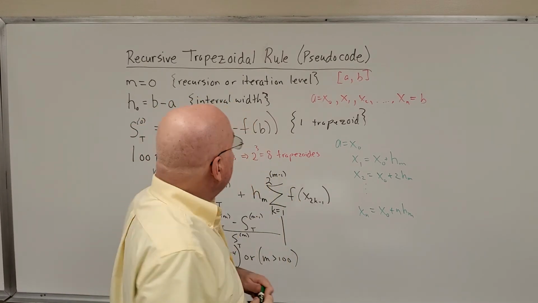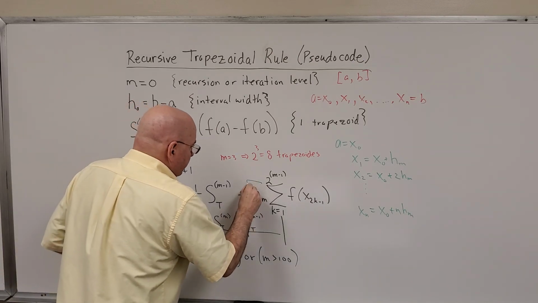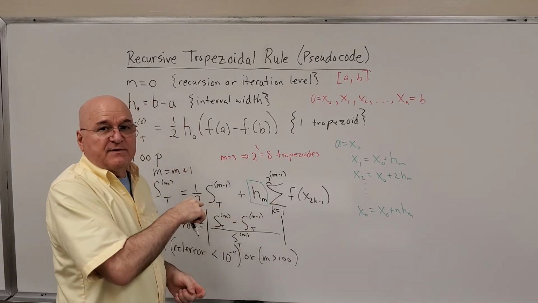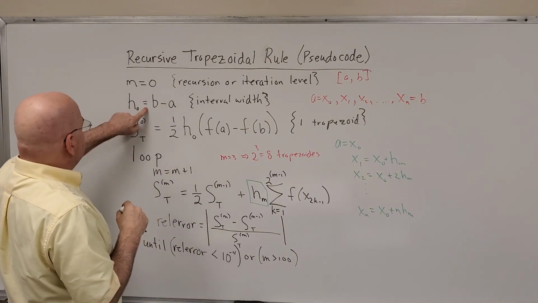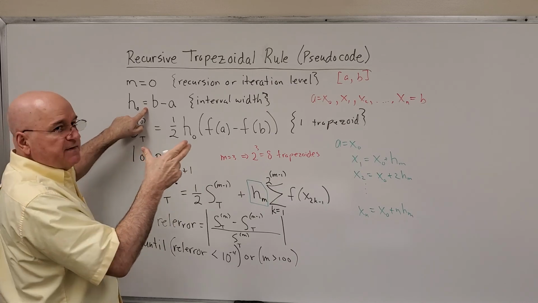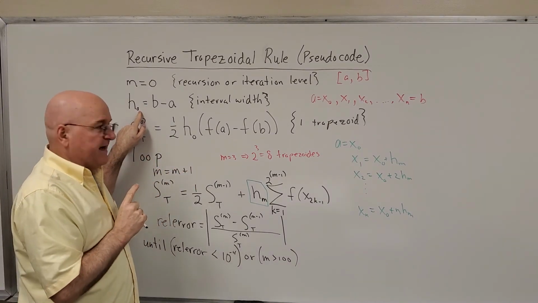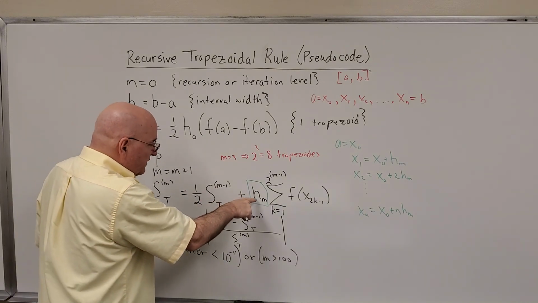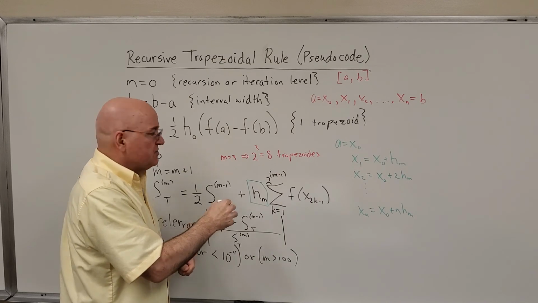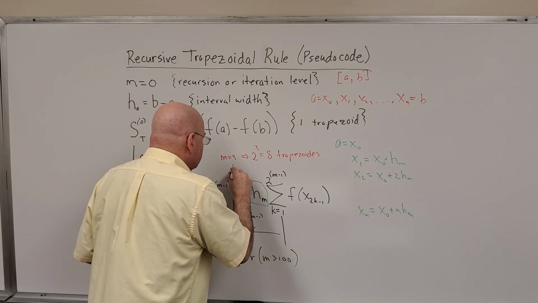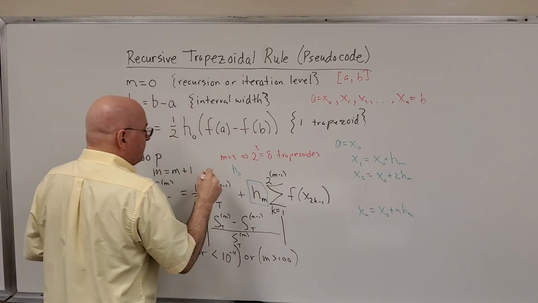And let's see, one more comment. This right here, I didn't define what that is. Well, the first time you come through, hm is the whole width. That's h0. I want h1 to be half of that. So I could simply do this. Forget the h sub m. Just use h. I'll go ahead and use h0 since I wrote it up here before.